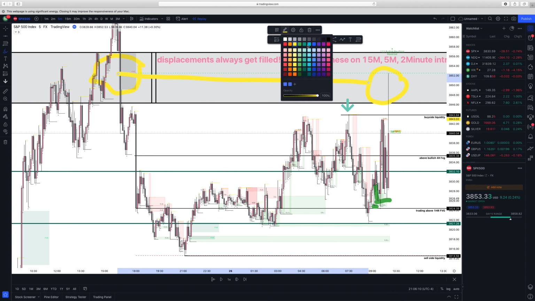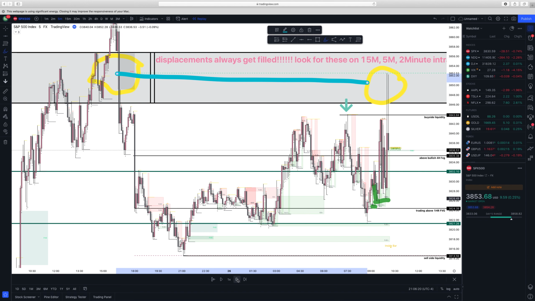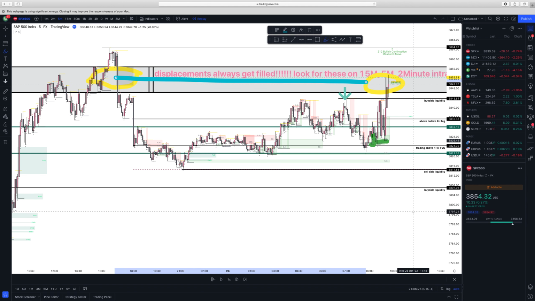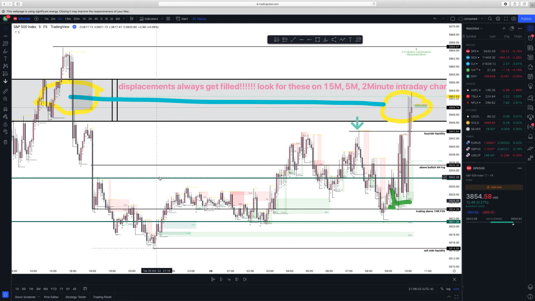So whenever you see displacement candlesticks like this, basically the point of this video is to let you know that they are always refilled to rebalance the market. And then the market completely started going towards buy side liquidity. So in this area, buy side liquidity was getting taken out at 38.64.